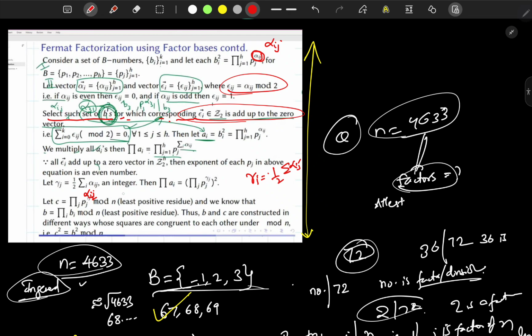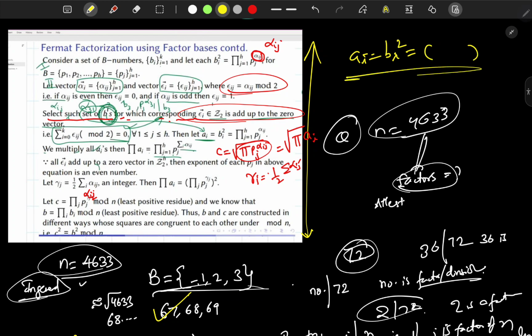If you take 1 by 2 outside, all of this I discussed in the previous class. You can think of C as the root over the product of Pj to the power alpha ij, sigma alpha ij. Again, this can be thought of as the root over the product of ai, where ai is nothing but bi squared, which can be expressed like this.